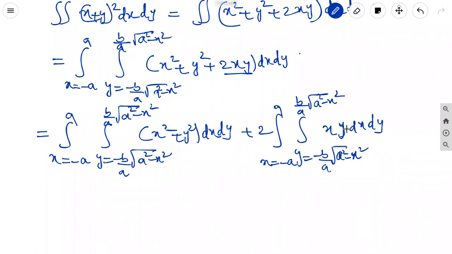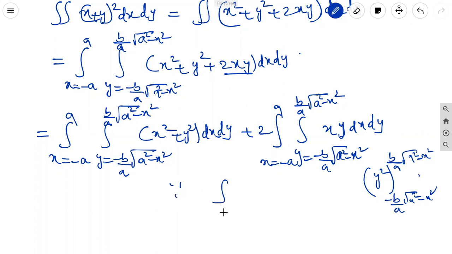Consider the second integral: the integral x equal to minus a to a, y equal to minus b by a under root of a square minus x square to b by a under root of a square minus x square, of x into y dy dx.